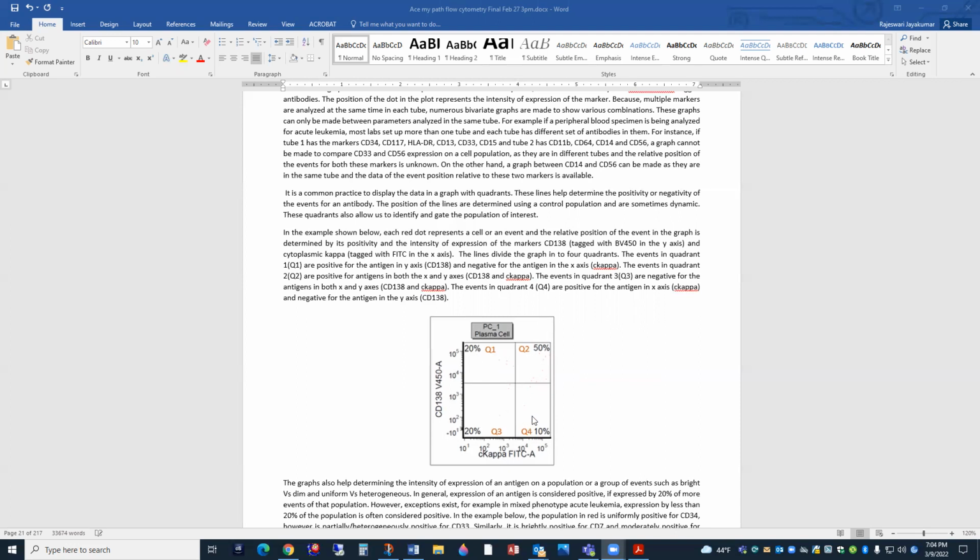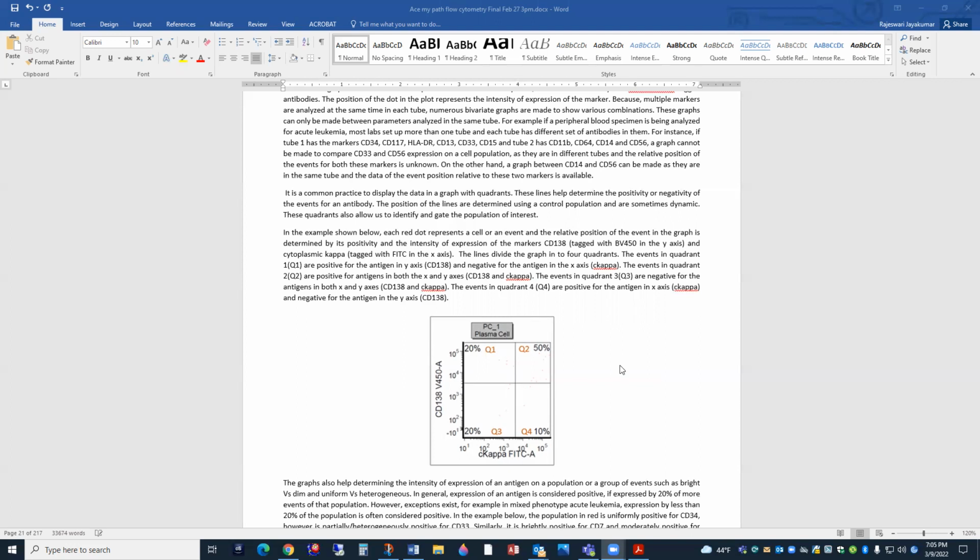So how are these lines drawn? When they set up your QC, or when they validate the instrument initially, they adjust these lines based on some control populations, or they use commercially available fluorospheres, and they set this for optimal optics and compensation, and derive these lines.